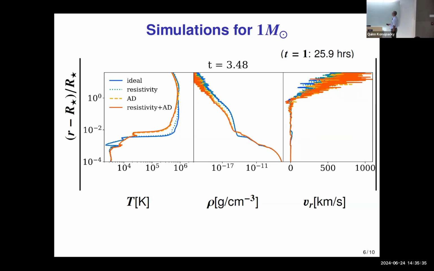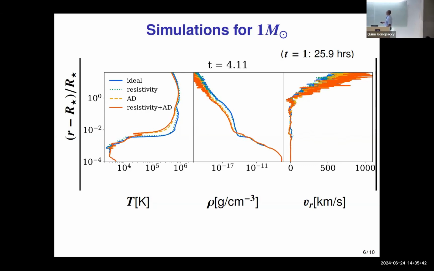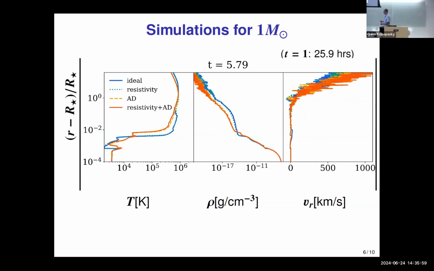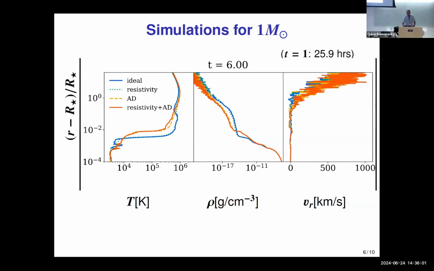Look at the results with ambipolar diffusion. The temperature in the corona seems to be lower for cases with ambipolar diffusion, and as a result, density is smaller. The velocity structure is very similar because it is mainly determined by the escape velocity from the star.